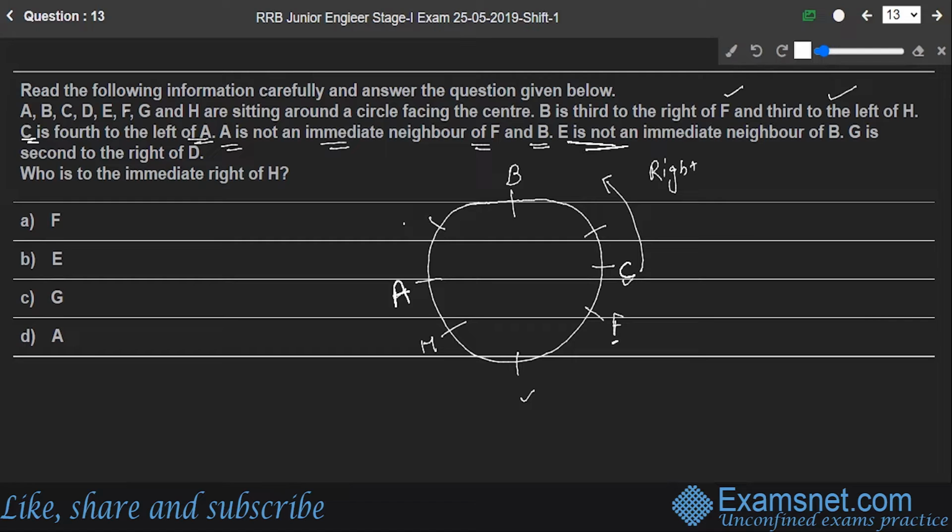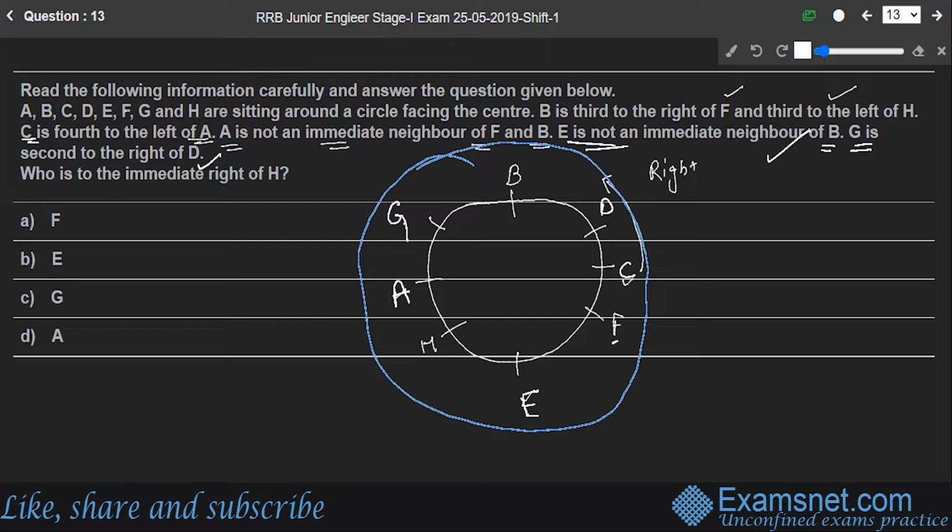E is not an immediate neighbor of B. So the only place left for E to sit is this one, right? We are done till here. G is second to the right of D. So that means G is sitting over here and D is sitting over here. This is our final plan. Look over here. This one is our final sitting plan for all of them.